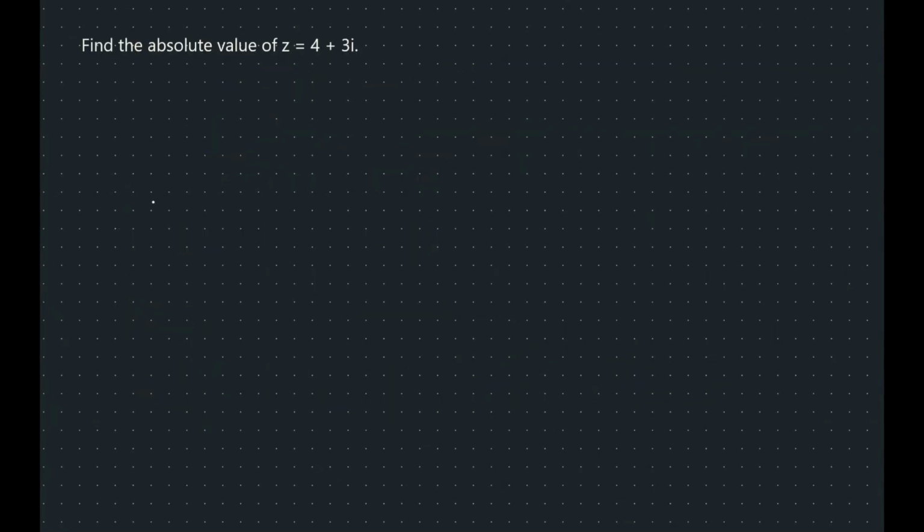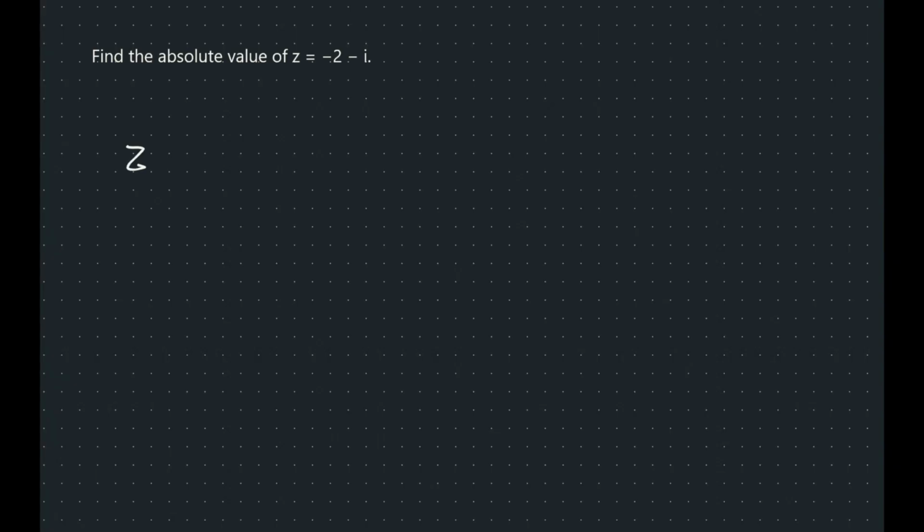So let's start solving some questions, and I think we solved a similar question to this. Of course, to find the absolute value of some value, for example z here, the absolute value is taking the Pythagorean theorem of these values. So again, 4 squared plus 3 squared, and the answer is 5. This is the absolute value. For this question, it's similar, so we just plug it into this Pythagorean formula.